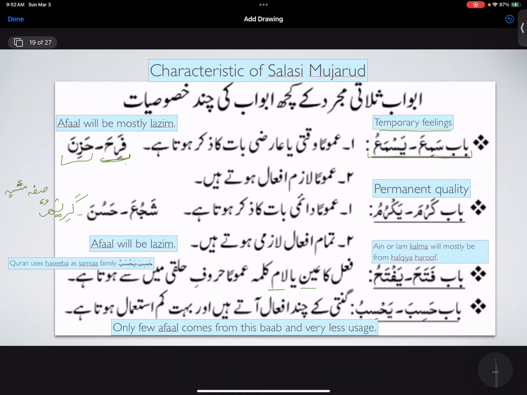I just noticed something. It makes so much sense that Karuma is so rare, because it is for permanent qualities, Subhanallah, and temporary feelings are so many, we find them everywhere. Most of the names of Allah subhanahu wa ta'ala you're going to find on that pattern, Subhanallah, because Allah's qualities are permanent.